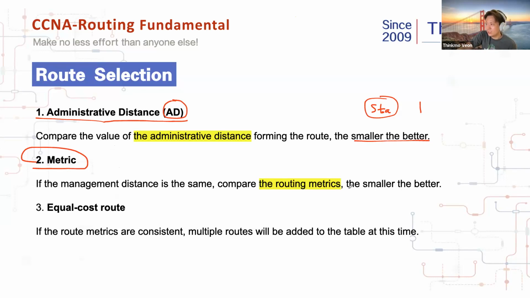The metric, usually the smaller, the better. At the third point, if the same routing protocol has the same cost for the routes, the router will do equal cost route sharing.